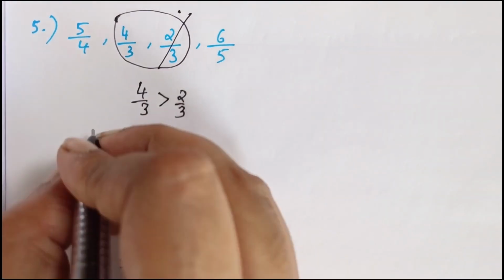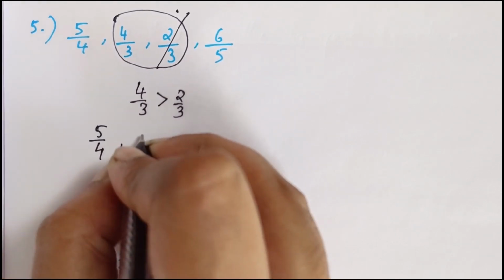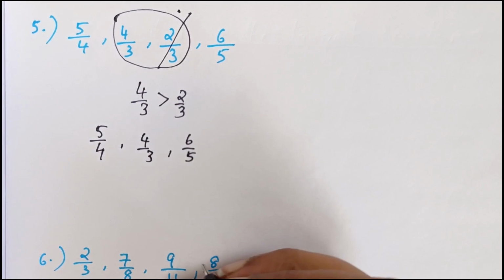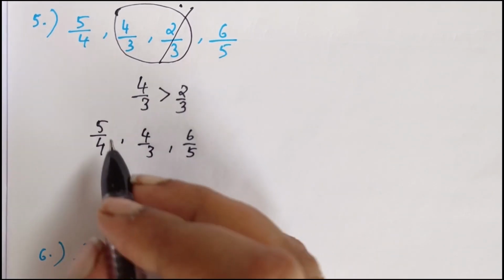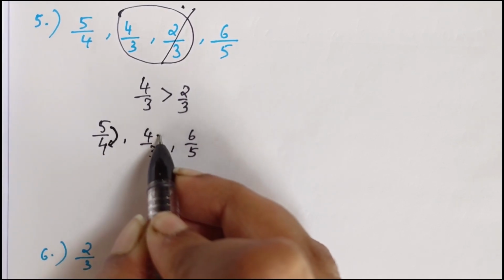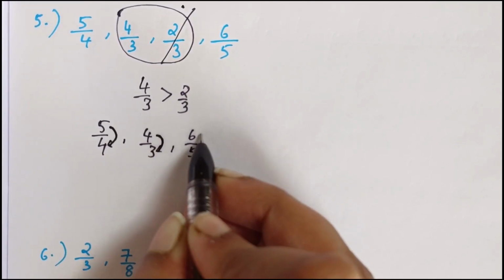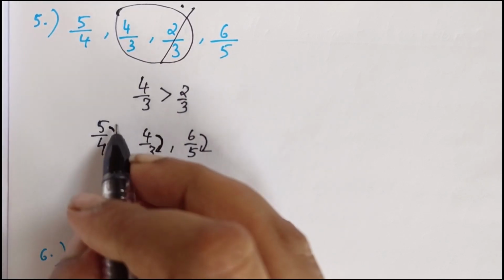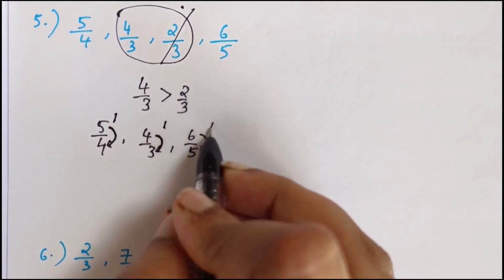Now we need to consider 5 by 4, 4 by 3 and 6 by 5. Here you can see that each numerator is greater than the denominator. 5 is greater than 4, 4 is greater than 3 and 6 is greater than 5, and their difference is also a fixed number, that is 1.